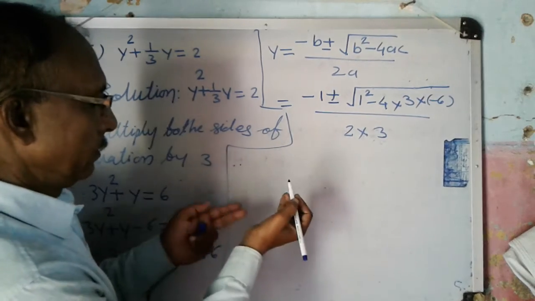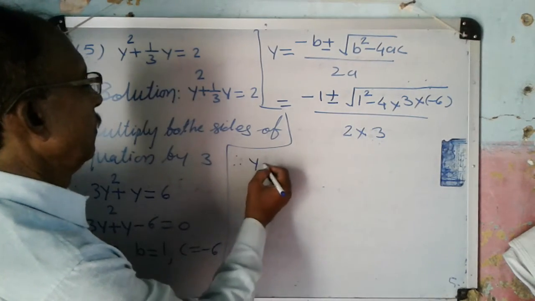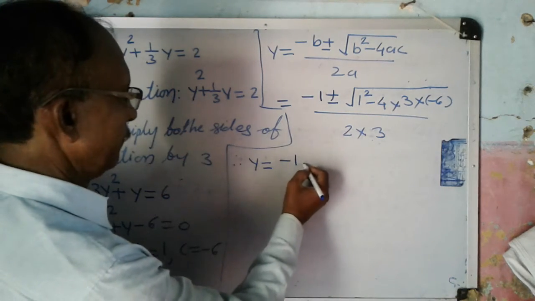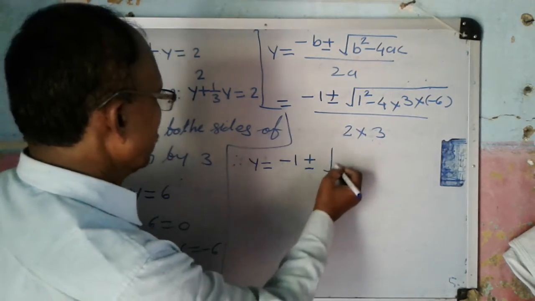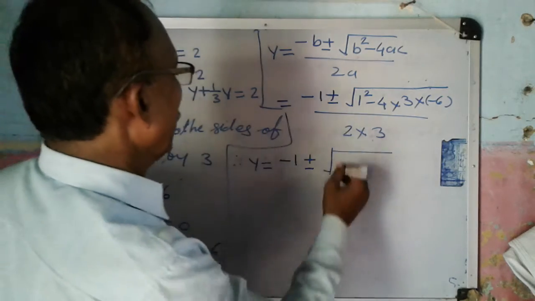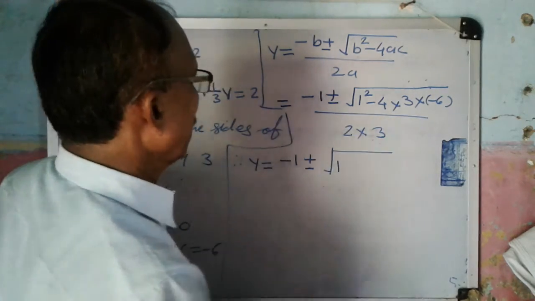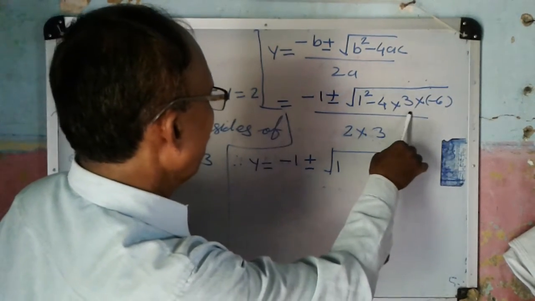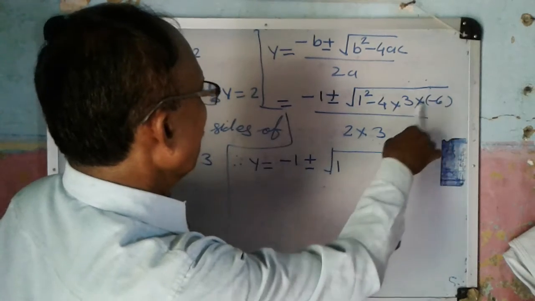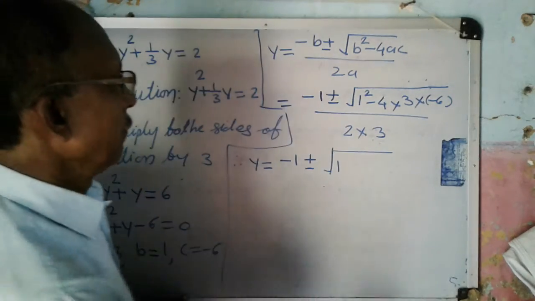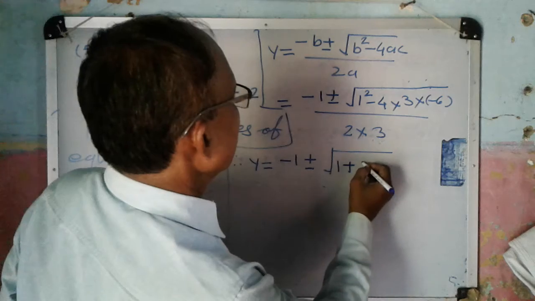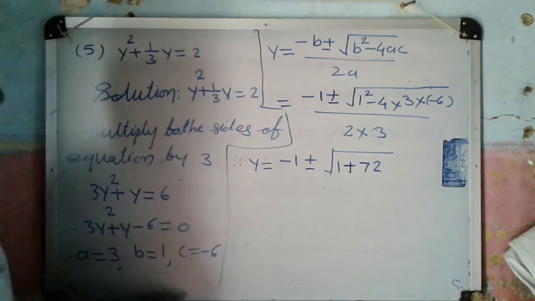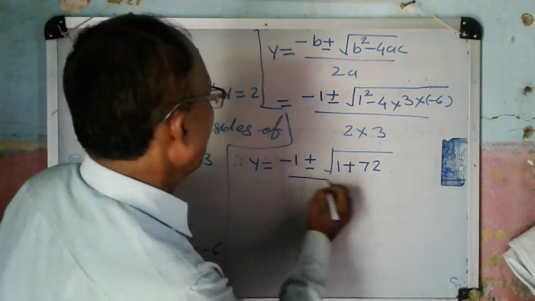And therefore y is equal to minus 1 plus or minus, here we get 1 square is equal to 1, and here minus 4 into 3 we get minus 12, and minus 12 into minus 6 we get plus 72, divided by 6.